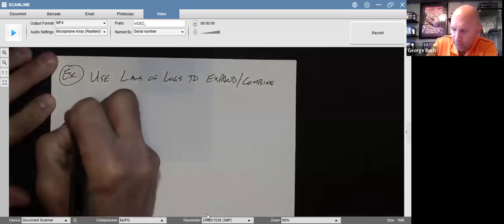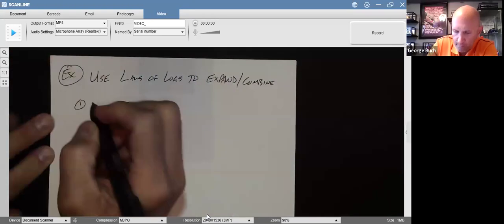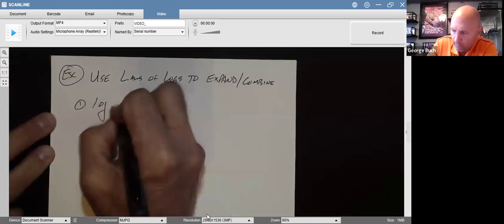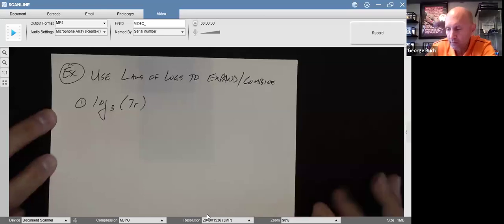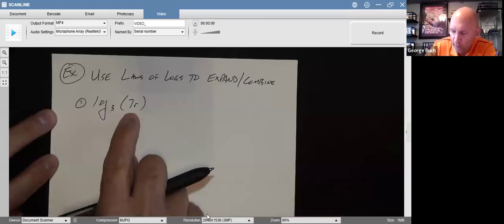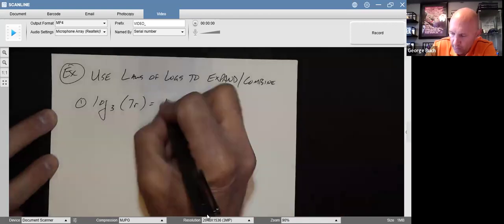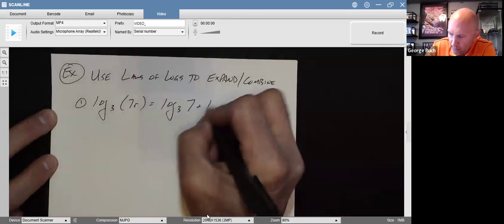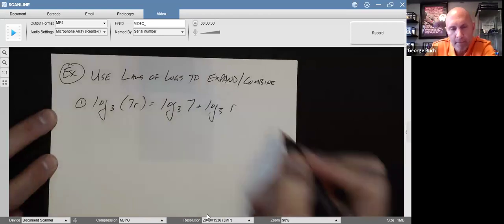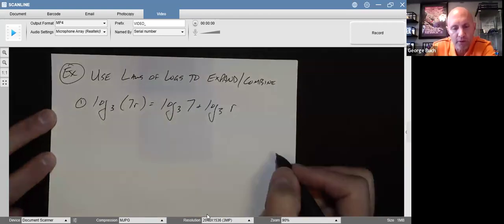So the first one we have is log base 3 of 7r. So we're going to expand this. This is multiplication, which means what? Addition. So log base 3 of 7 plus log base 3 of r. And that's it. That's all we're doing. We're just breaking this guy apart.